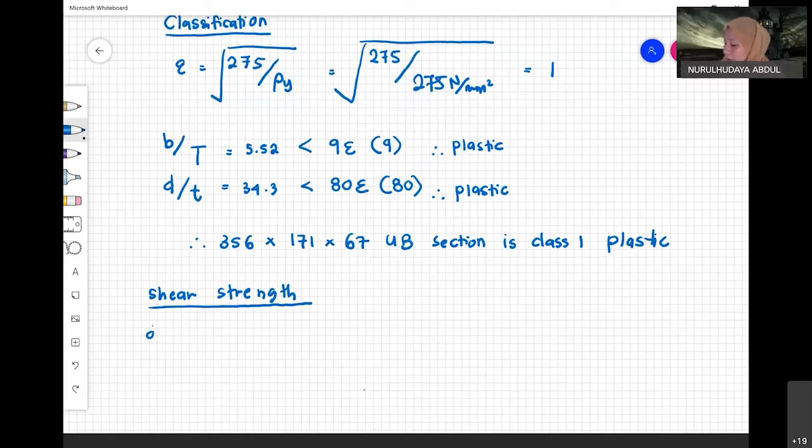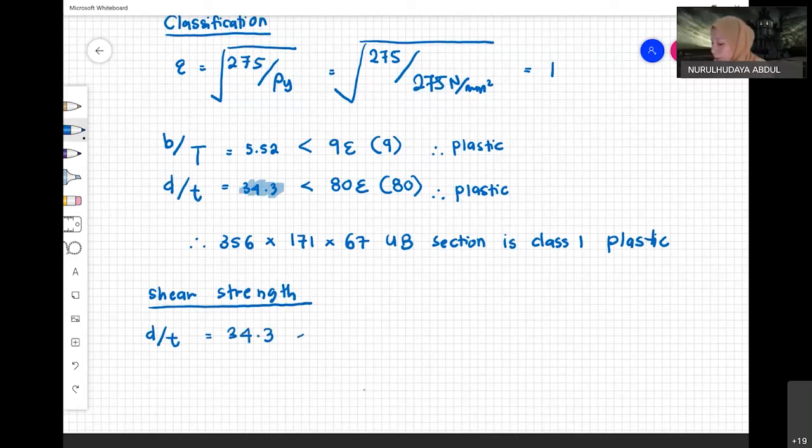So D over T, first thing kita tengok this one dulu is refer je, tengok je kat atas ni. Extract from the table, so we can just simply use the value 34.3.